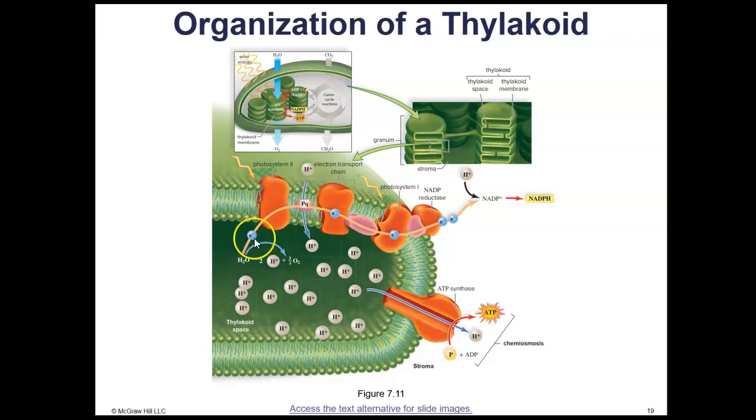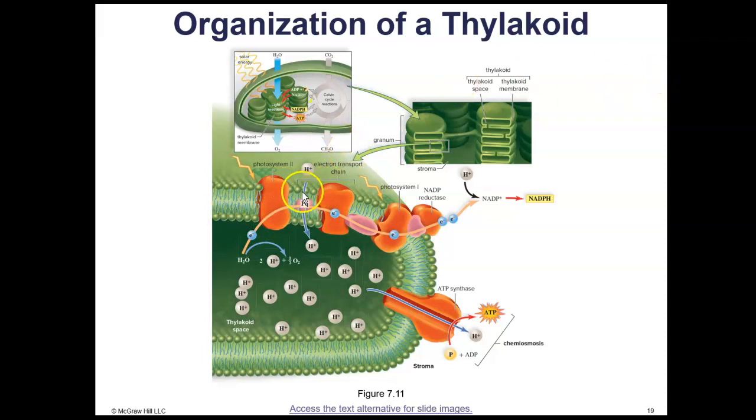And this electron originally comes from water. But anyway, that electron, once it is excited by sunlight energy, is going to first reach a reaction center chlorophyll A molecule, which is not shown here, but we went over it before. Then it's going to arrive at an electron acceptor molecule, and that's when it will leave photosystem 2.